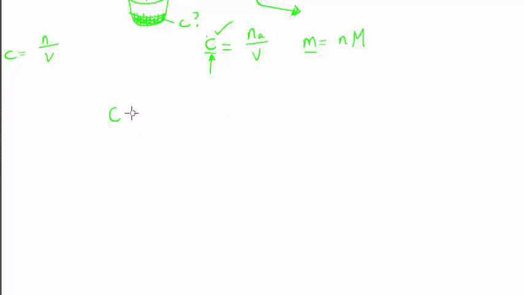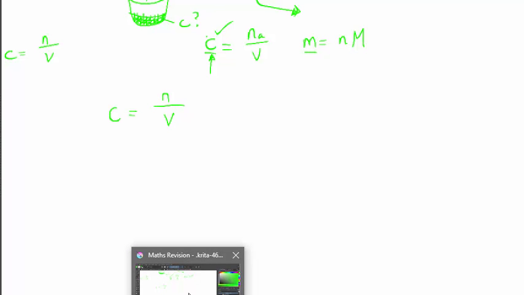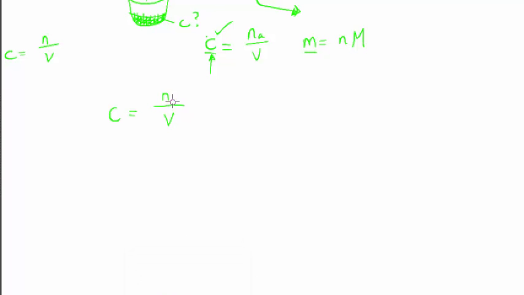Remember, concentration is moles divided by volume. I want to know how many moles is in my original solution. I've got 50 cubic centimeters. So to find moles, I take my known concentration times my known volume divided by my new volume.